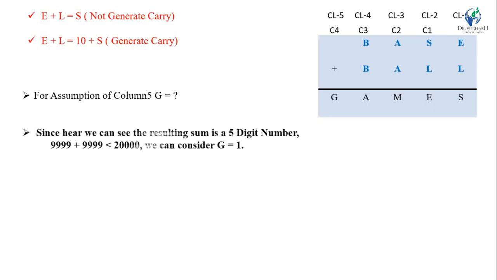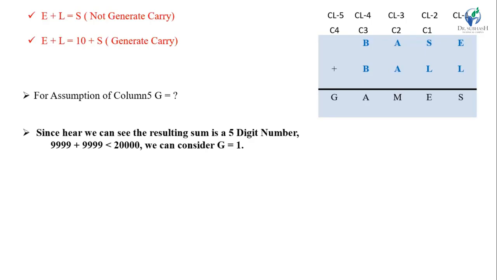Can we predict our column 5, which represents the G value? We can see here we have 4 alphabets for text 1 and 4 alphabets for text 2, and it generates 5 alphabets with the help of addition. So we can predict these 4-digit numbers can be at most 9999, and the addition of these numbers is less than 20,000.